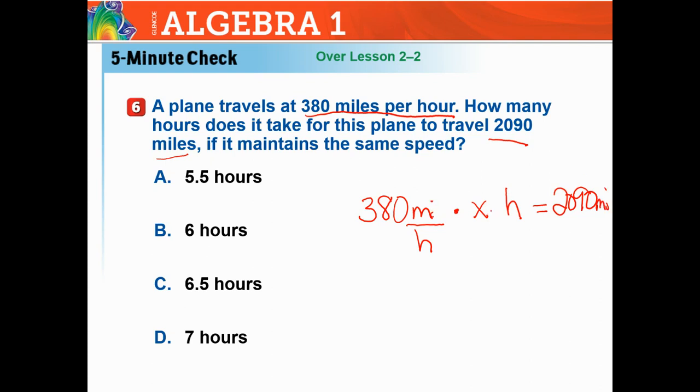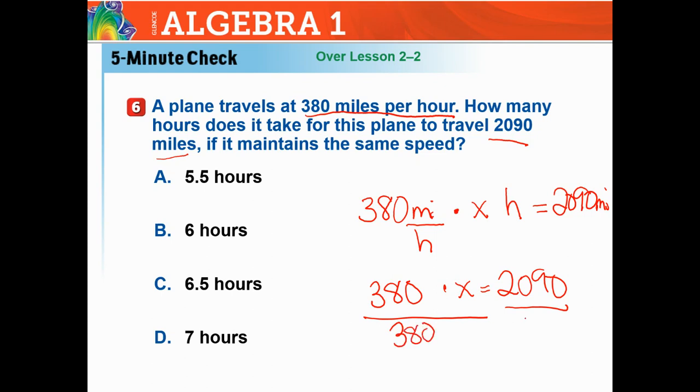All right. So what this tells me is I'm doing 380 times x equals 2090. So that means I'm dividing by 380. So x equals, then when we do our math, we should get, let's see if it shows me, 5.5 hours.